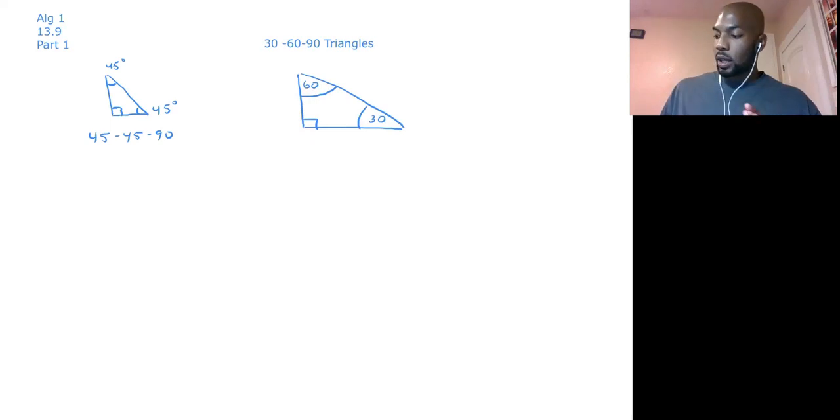All right, what is special about this 30-60-90 triangle? Well, it's the sides. If you look here, the 30-degree angle will always be opposite the shortest leg or the shortest side of these kinds of triangles.